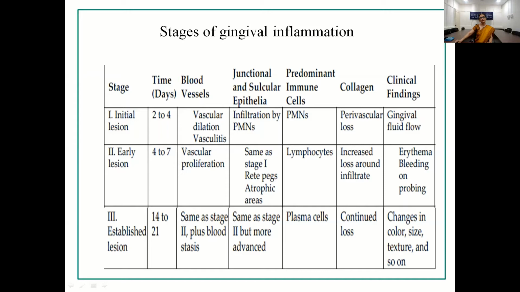At the site, lymphocytes reach, there is an increased loss of collagen around the infiltrate, and there is bleeding on probing. At 14 to 21 days, you can see the established lesion of gingivitis. There is a blood stasis, plasma cells reach the site, there is a loss of collagen, and you can see the clinical changes in the form of change in color, size, and texture of gingiva.